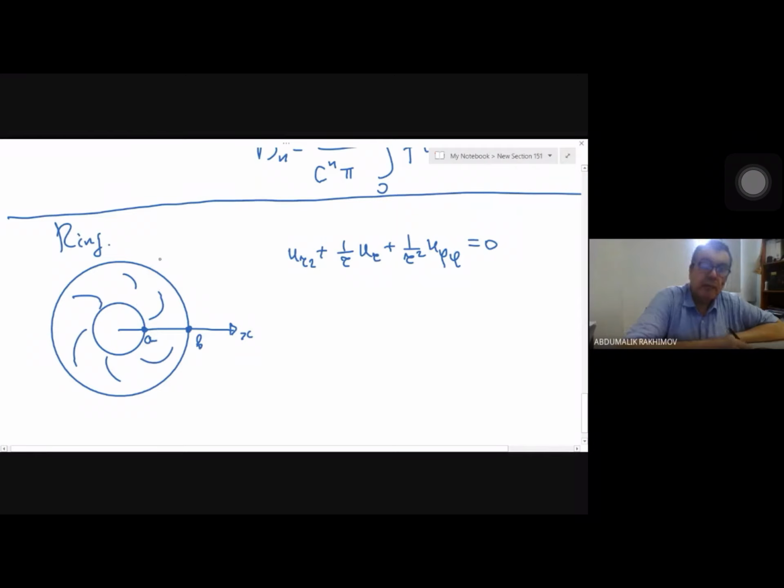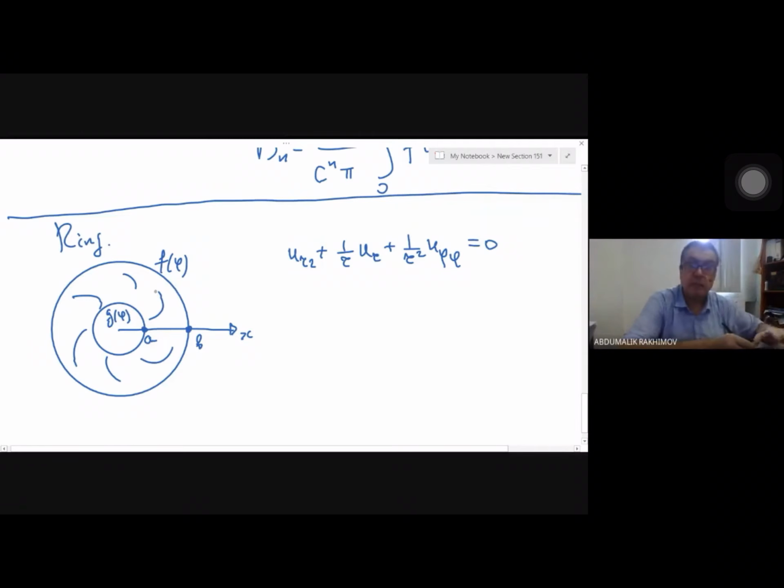Heat maybe here is equal to F phi. On this boundary, maybe it is G phi. Then both boundary conditions will be non-zero. But we can split the problem into two problems and make each one with 1-0 boundary conditions.